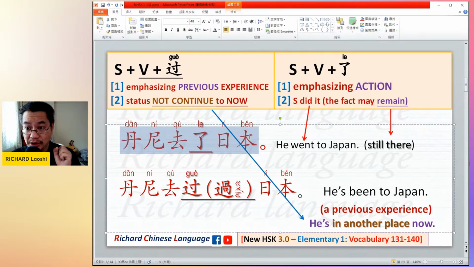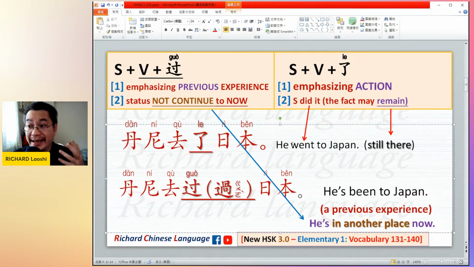So 丹尼去了日本 means Danny went to Japan. He has gone to Japan. Okay, he set off already. And maybe now he is in Japan also.